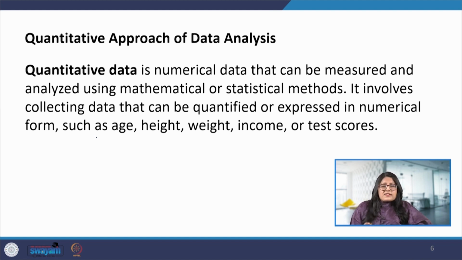Another example, to describe a population, a quantitative analysis will conclude that the average height of a person is 5 feet 3 inches. But in qualitative analysis, we will summarize it by saying that the height is average for the population.